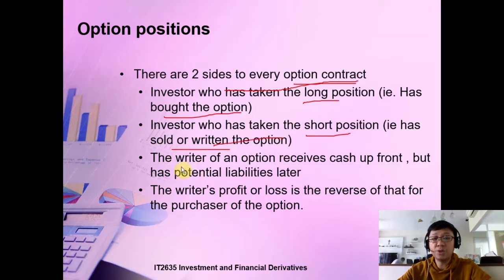The writer of the options, the short position, will basically receive the deposit, the premium, because they are the ones who have fewer rights. They have the obligation, so they need to be paid. Whereas the investor who buys the long option, the purchaser of the long option, will be the one who has to come up with the cash upfront.